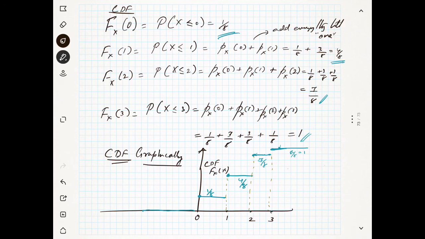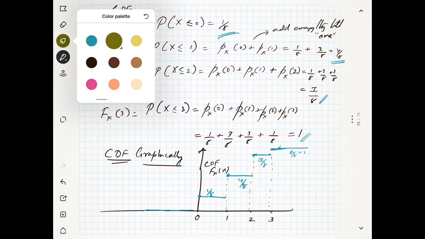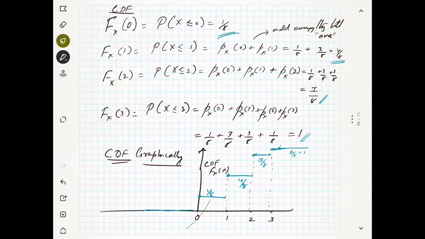Now you see here, between 0 and 1 it is a constant, because there is no element between 0 and 1 in our sample space, since our sample space was 0, 1, 2 and 3.